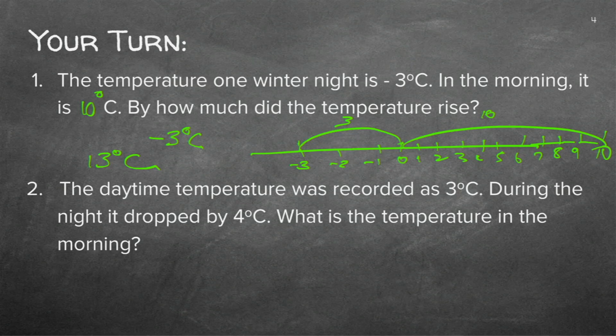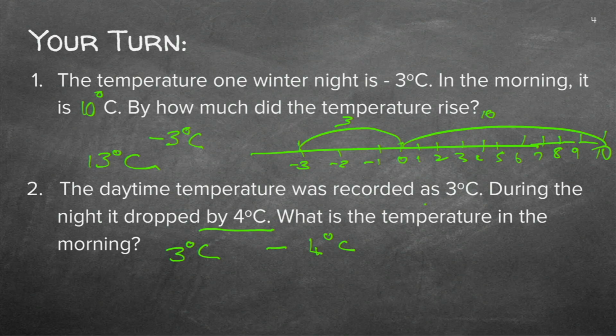The daytime temperature was recorded as 3 degrees Celsius. During the night, it dropped by 4 degrees Celsius. What is the temperature in the morning? So you can stop and do it on your own, and then I'll see you again on the other side.